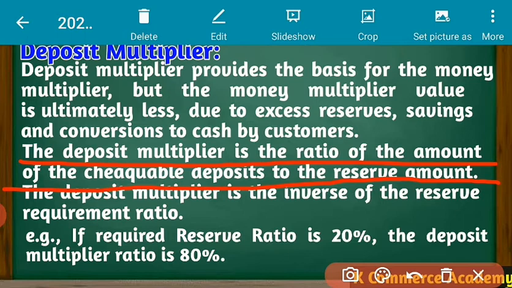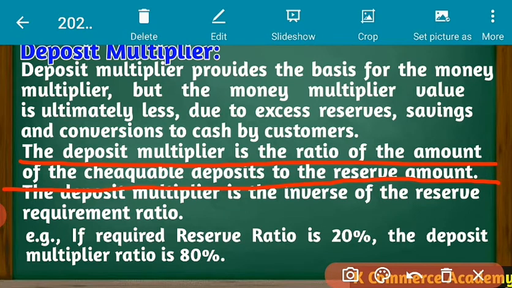The deposit multiplier is the inverse of the reserve requirement ratio. So how much reserve had we kept in the earlier example? 10%. So opposite to that is 90%. 90% will be the deposit multiplier in that question. Here in another example we have taken, if the required reserve ratio is 20%, suppose, the deposit multiplier will become 80%.